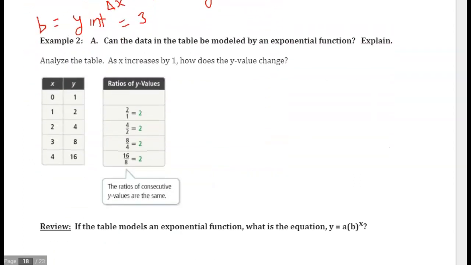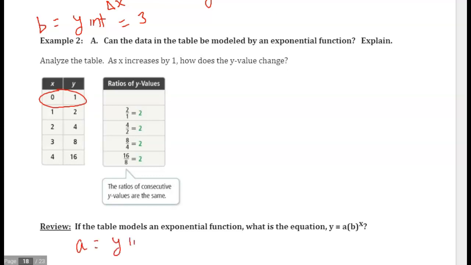So then we go here. It says, can the data in the table be modeled by an exponential function? So this is a little trickier. Now you start trying to figure out what's going on here. Same thing here: in this case, our a is that y-intercept.